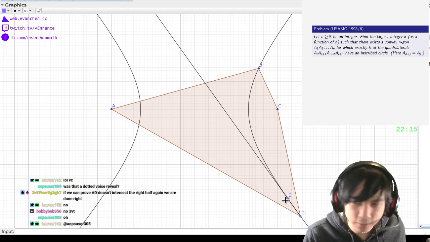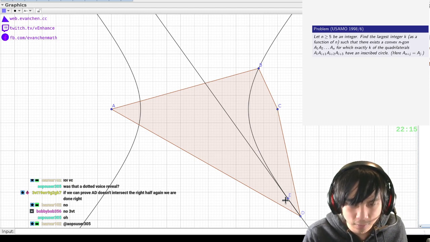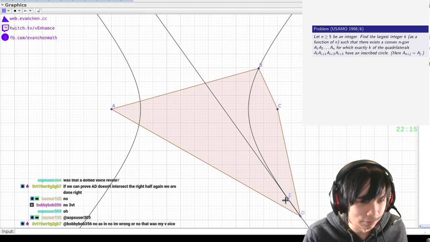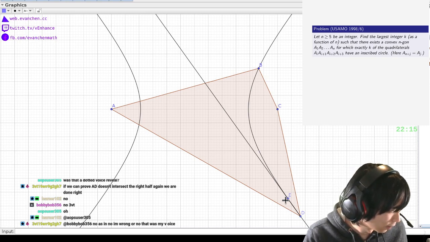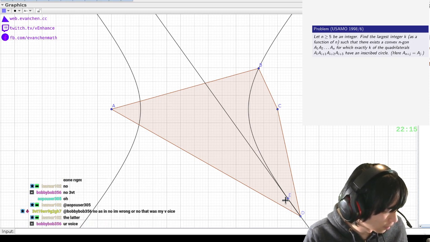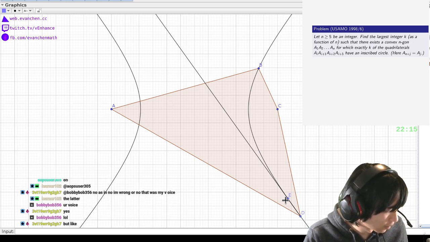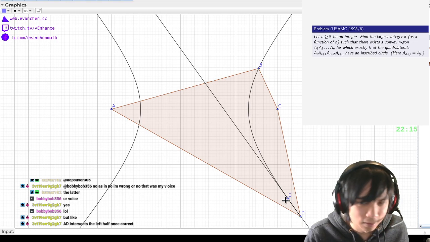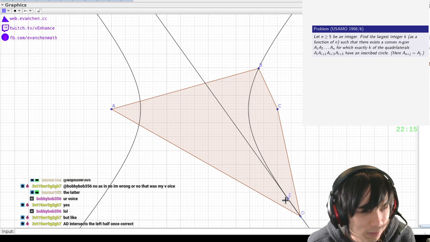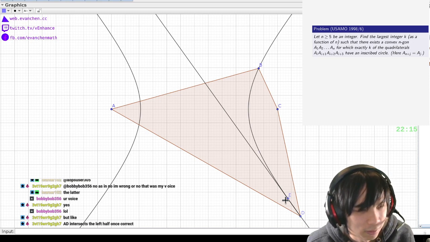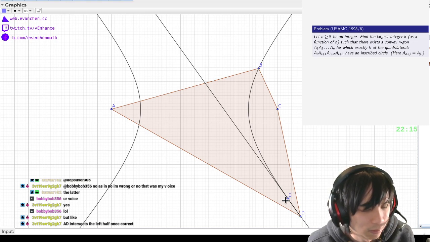And prove AD doesn't intersect the right half again. I mean, isn't that literally equivalent to the thing we're at? AD intersects the left half once. Let's see.